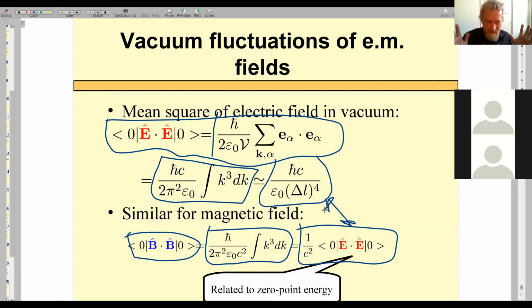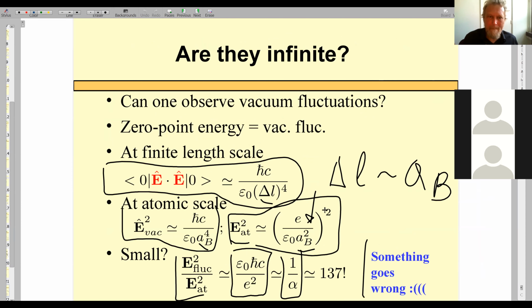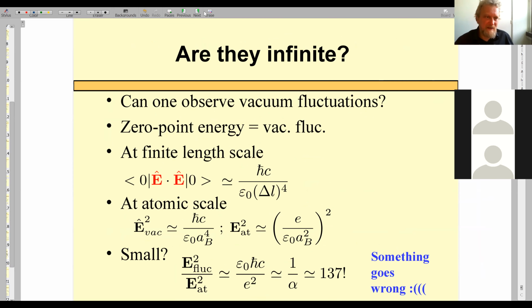If you increase space resolution, you see more and more pronounced fluctuations of these fields. Right. Let us estimate these fluctuations, just to entertain you at the end of this quantization.